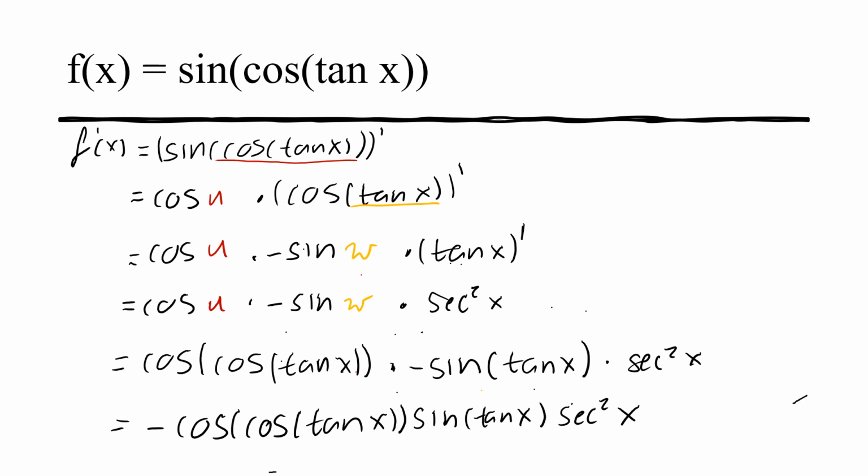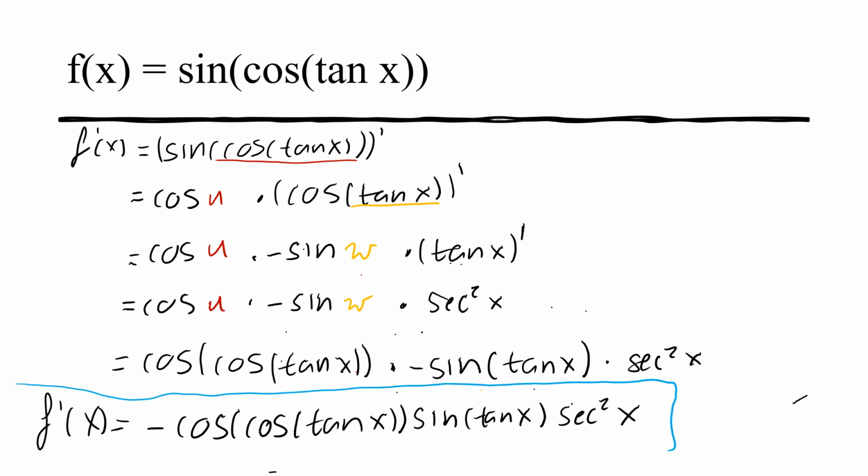So that is going to be your final answer. How about let's write f prime of x out here in front. And so this is going to be your final answer for this equation. I know it's long, but that is how you would apply the chain rule to this problem.